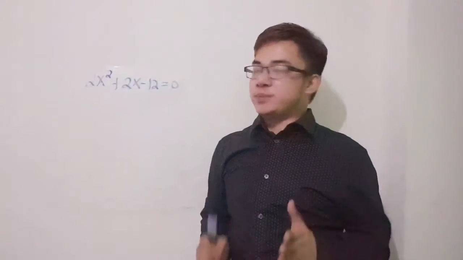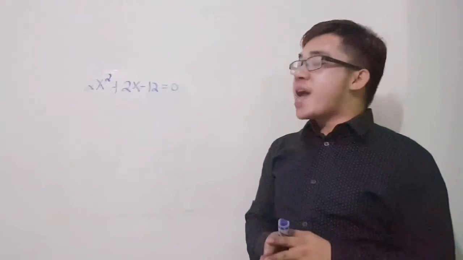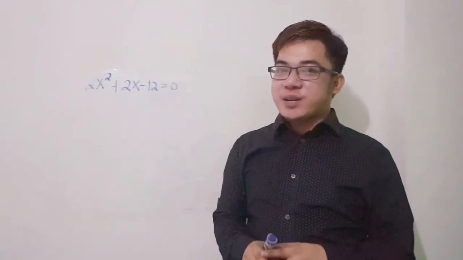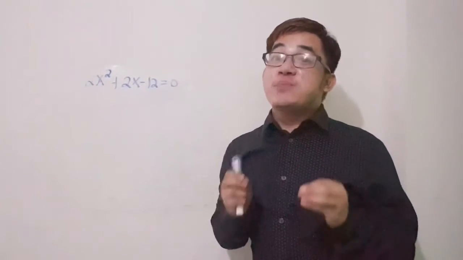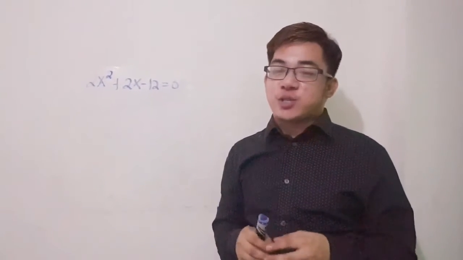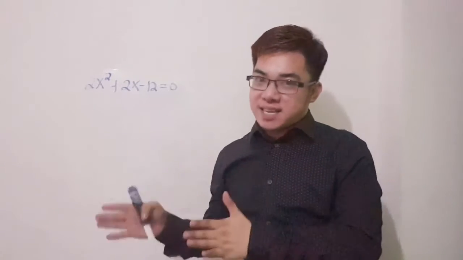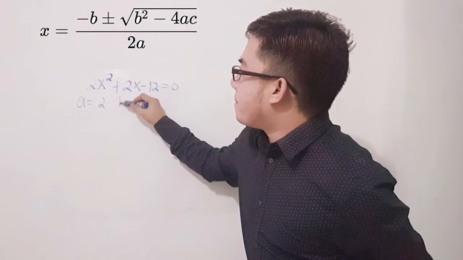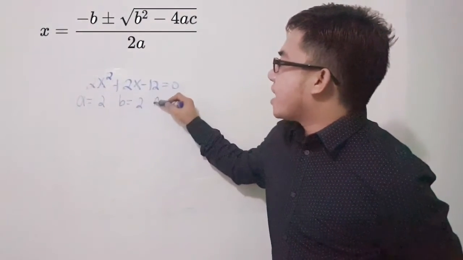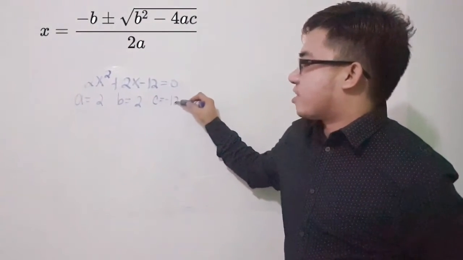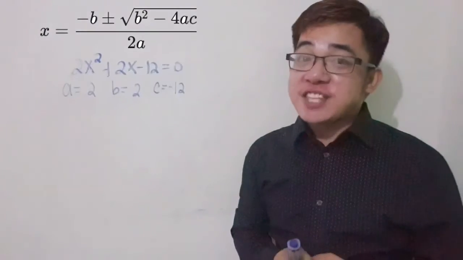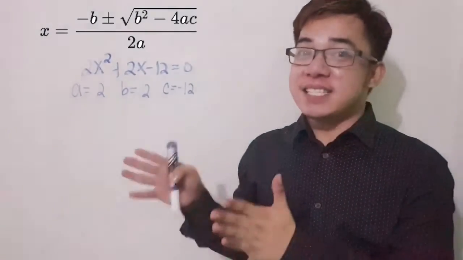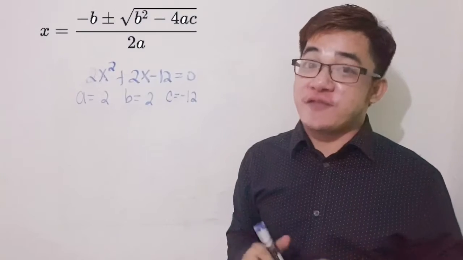Example number 2. 2x squared plus 2x minus 12 is equal to 0. Again, the first process is to find the values of a, b, and c. And the value of a is equal to 2, b is equal to 2, and c is equal to negative 12. After getting the values of a, b, and c, substitute to the given formula.